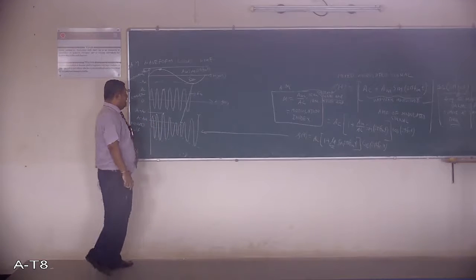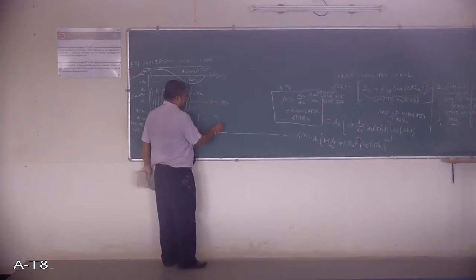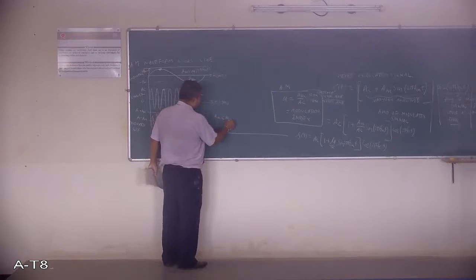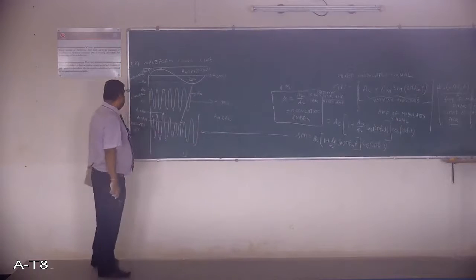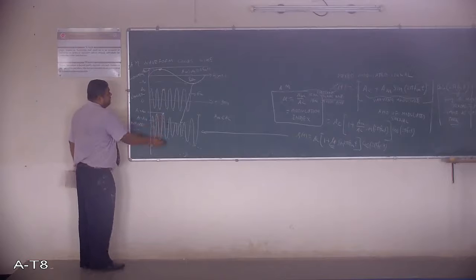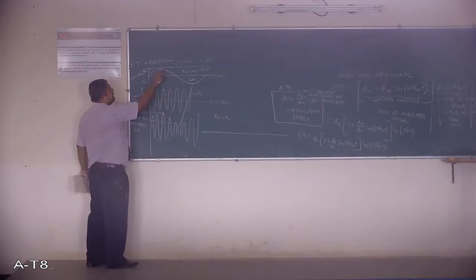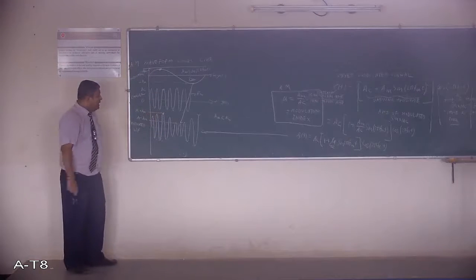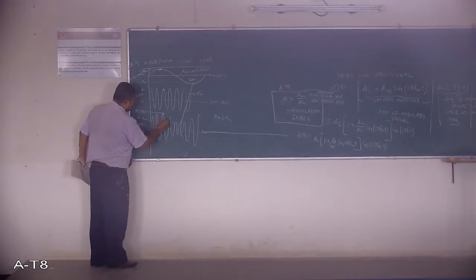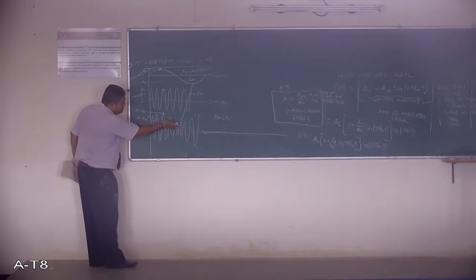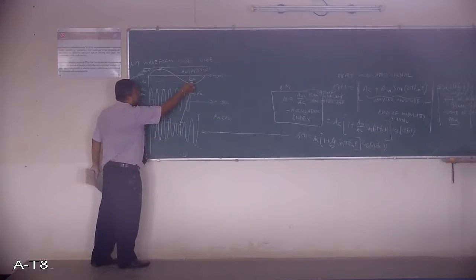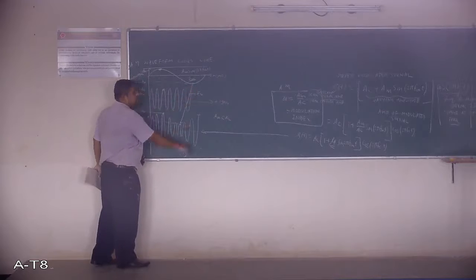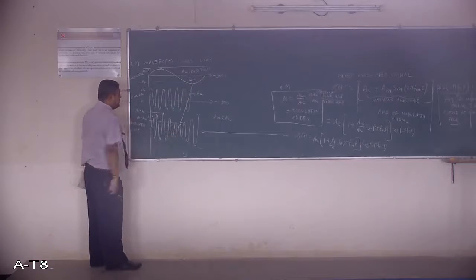In this case we are finding that this AM is less than AC. So this is AC plus AM because this height was AC and this AM is overriding on that. This part is only AC, so AC minus AM is this part, which is making the amplitude lesser. So this is AC minus AM.